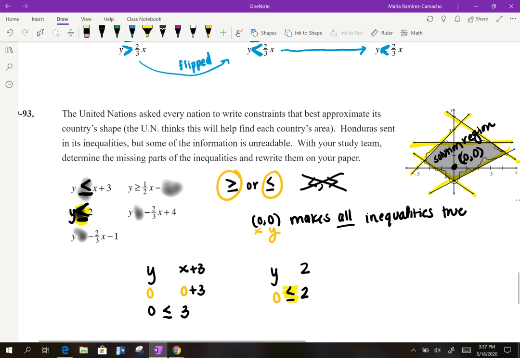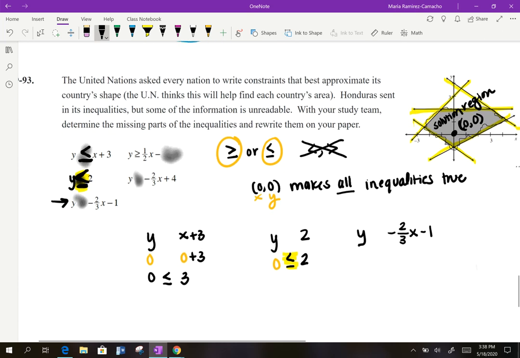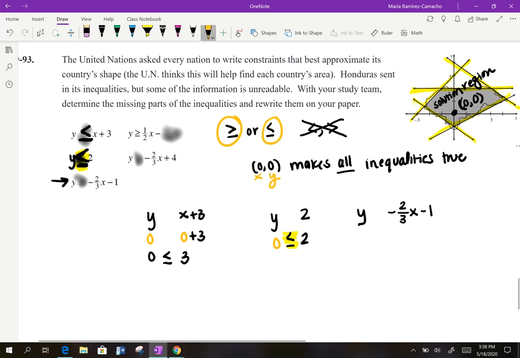Now let's move on to this one. We've got y and then a missing inequality symbol, negative 2/3 x minus 1. Again, plug in 0, 0 and then fill in the correct inequality symbol. So plug in 0 for y, 0 for x, simplify.